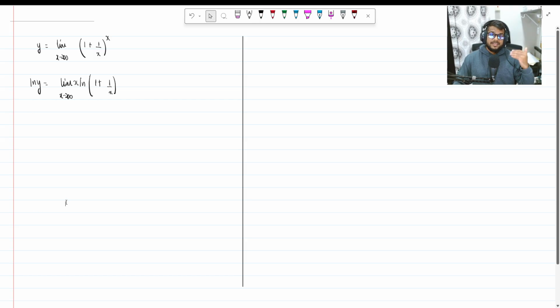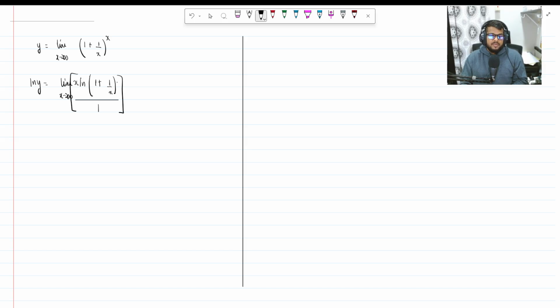Next, what I'm going to do is yet another convenient thing. I'm going to divide the numerator, which is what we have on the screen right now, by x, and I'm going to divide the denominator by x. So let me include the denominator. My denominator here is 1. If I do this, this might make a little more sense.